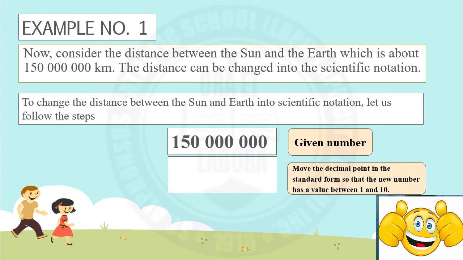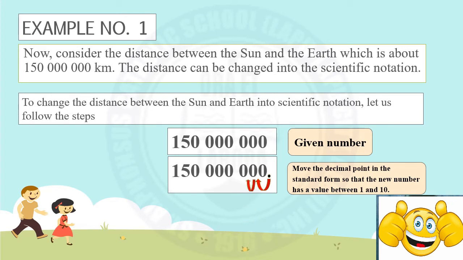Your final decimal number must be between 1 and 10. So in the given 150 million, the decimal point will start here. Will it move to the left or right? You will move to the left.